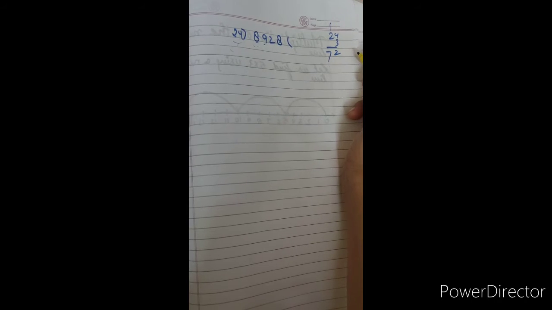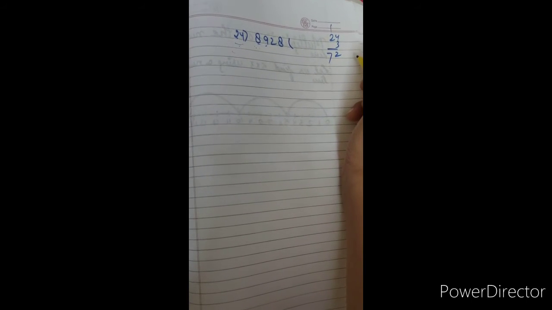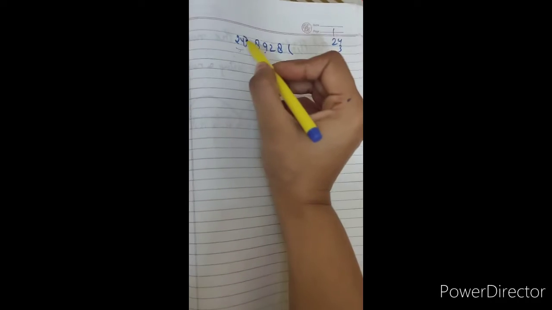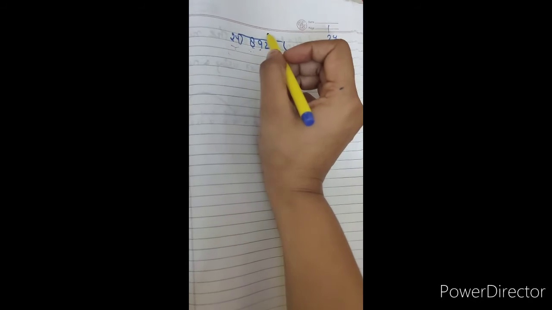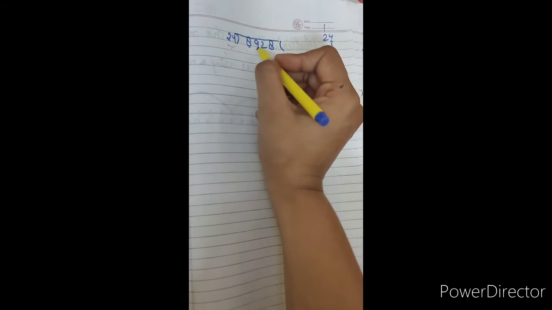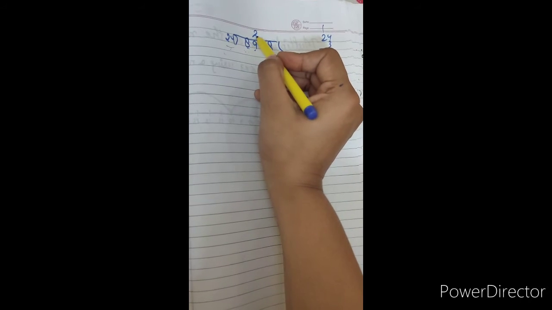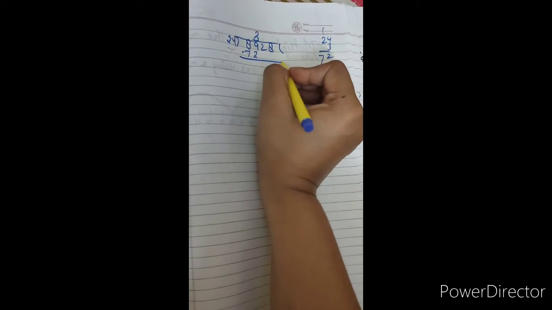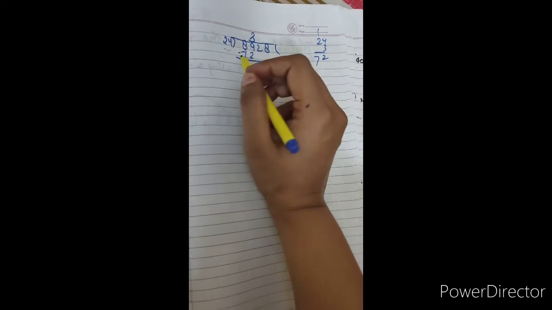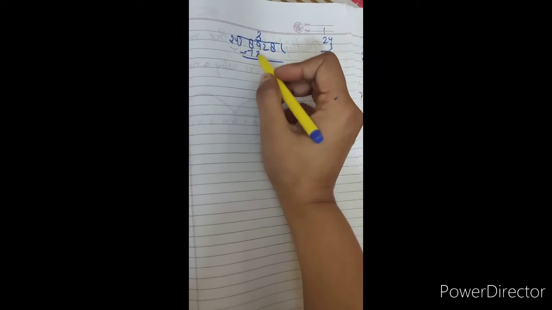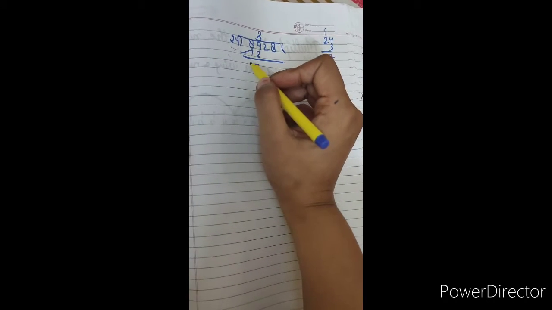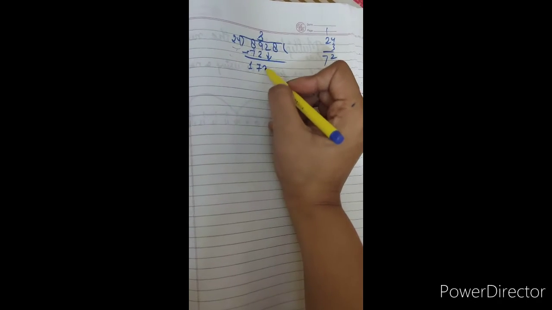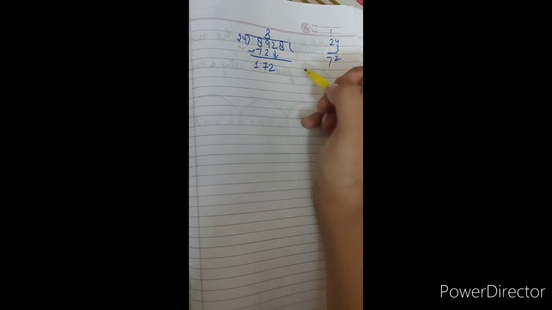So 72 is near about 89, right? So 24 goes into 89, 3 times. So write 3 just above 9 in the quotient. 24 threes are 72. Now subtract 72 from 89. So subtracting ones, 9 minus 2 is 7 and 8 minus 7 is 1. So 17 is less than 24. So bring down 2 to make 172.